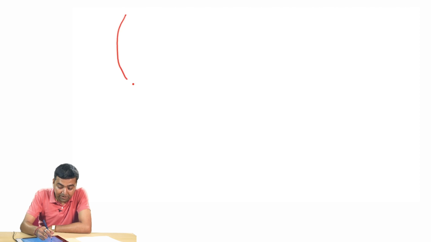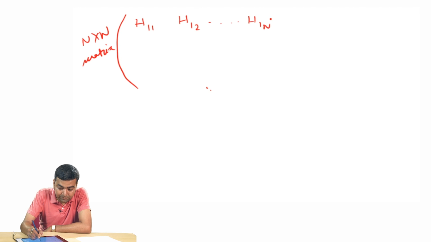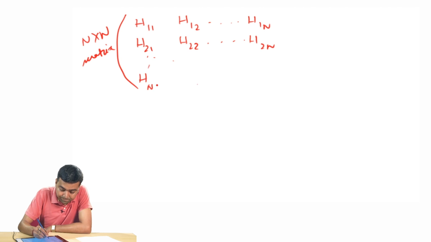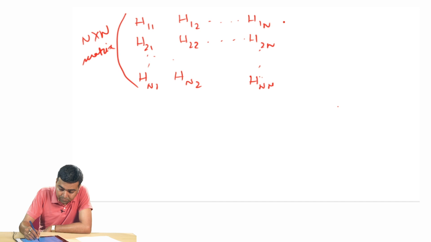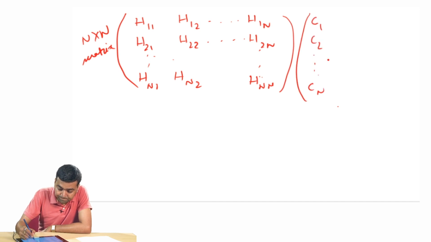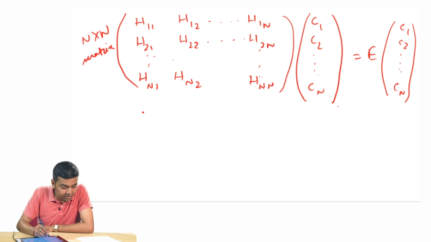Basically, you can write it as an n cross n matrix, and this will go as H, where my H_ij are of this form <i|H|j>.